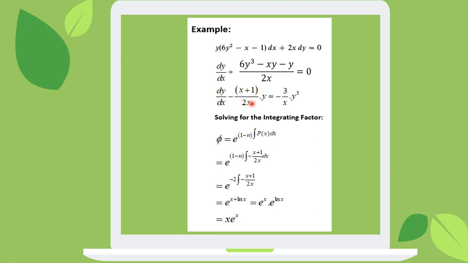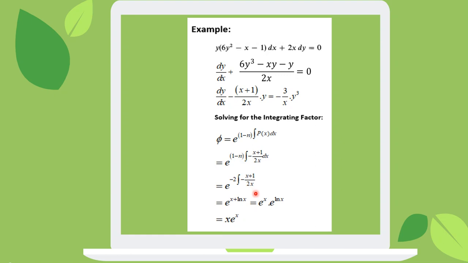So we copy everything here, including the sign. So negative x plus 1 over 2x, and 1 minus our n here being 3, so 1 minus 3. That should be negative 2. And negative 2 and a negative here should make it positive. And if you're going to cancel the 2's, you will have a 1 plus 1 over x.